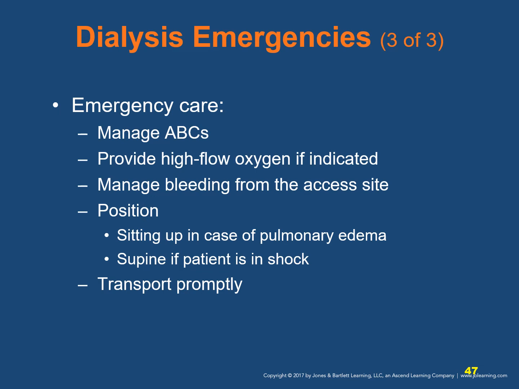Provide high-flow oxygen if indicated. Manage any bleeding from the access site. And position the patient sitting up in case of pulmonary edema, or supine if the patient is in shock. Transport promptly. Some dialysis patients also have urinary catheters. Catheters can often be a site of infection.